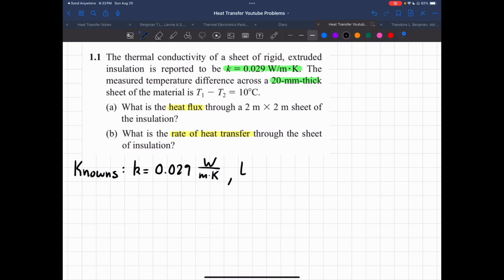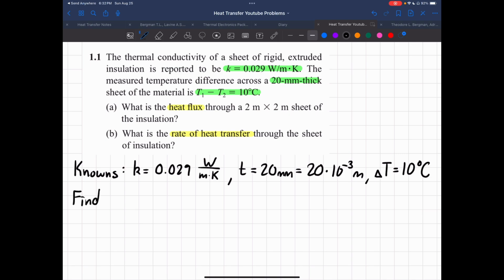So I'm going to write thickness as t equals 20 millimeters, and I'm also going to put that in scientific notation, times 10 to the negative 3 meters. And finally, we know the temperature difference, T1 minus T2 equals 10 degrees Celsius. So we're going to say delta T equals 10 degrees Celsius.